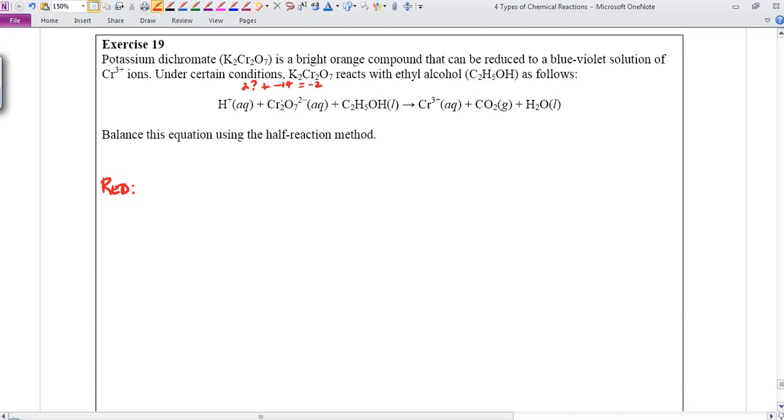So let me do it. Can I do it at the bottom? These are minus 2, and these are plus 6 each. All right, then I know that I've got minus 6 going on over here.